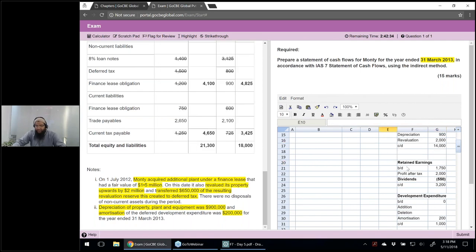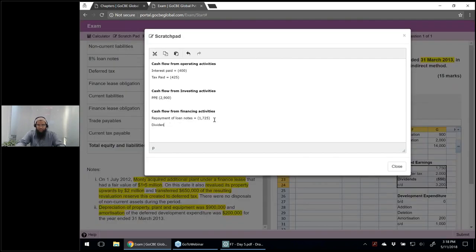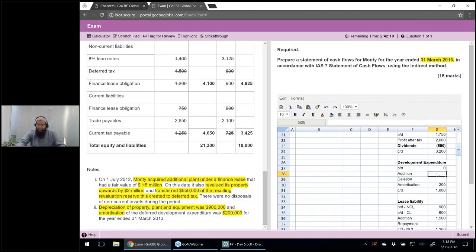We have done retained earnings. We have calculated dividend paid, and dividend paid will be taken to the financing activities. And let's see the development expenditure.